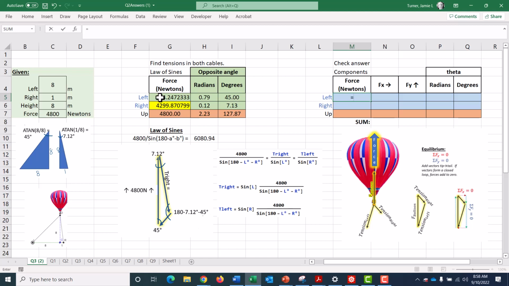I'm going to go ahead and do the method of components to check this. So my force going up is purely in the positive y direction. My force going to the left is going to be negative, and I'm going to grab this guy, and we have this angle at the top, so that's going to be opposite.